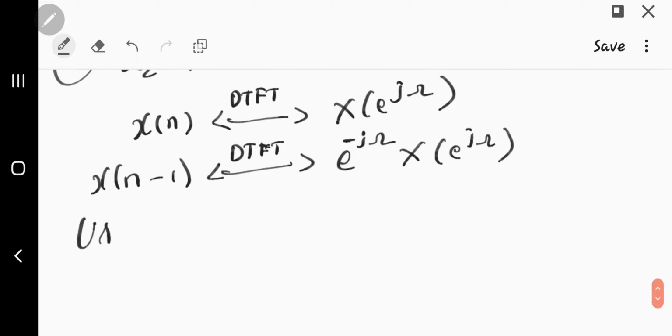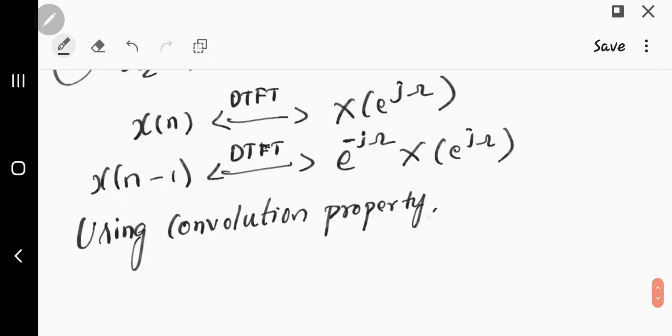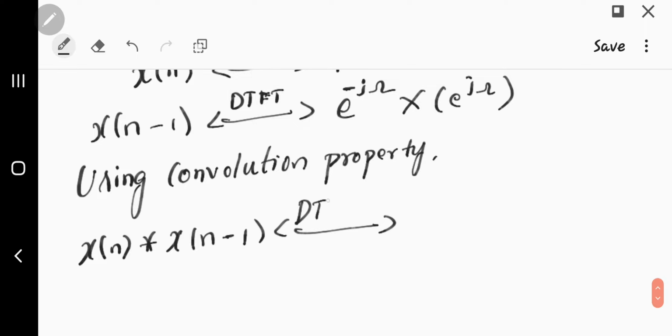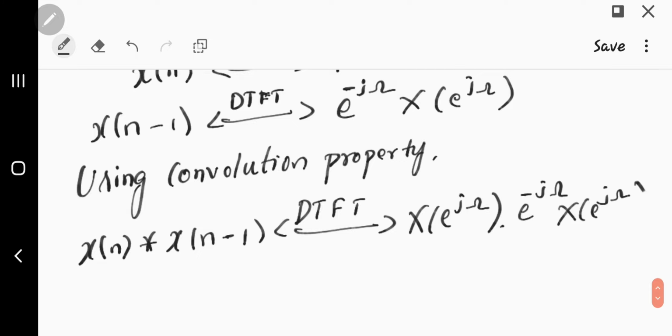Now using the convolution property, we can write x of n convolved with x of n minus 1 will give x of e power j omega into e to the power of minus j omega x of e power j omega.